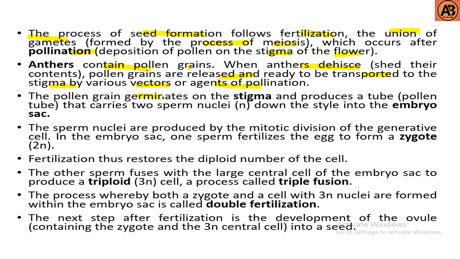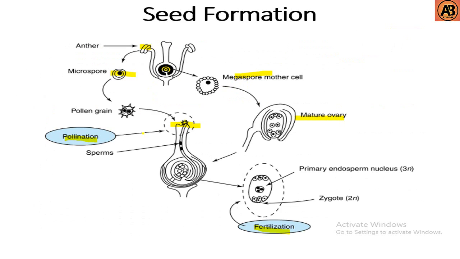Then the pollen grain germinates on the stigma and produces a pollen tube that carries two haploid sperm nuclei down the style and into the embryo sac. Here we can see that the pollen grain germinates on the stigma and produces two sperm nuclei, and this is called the tube nucleus.